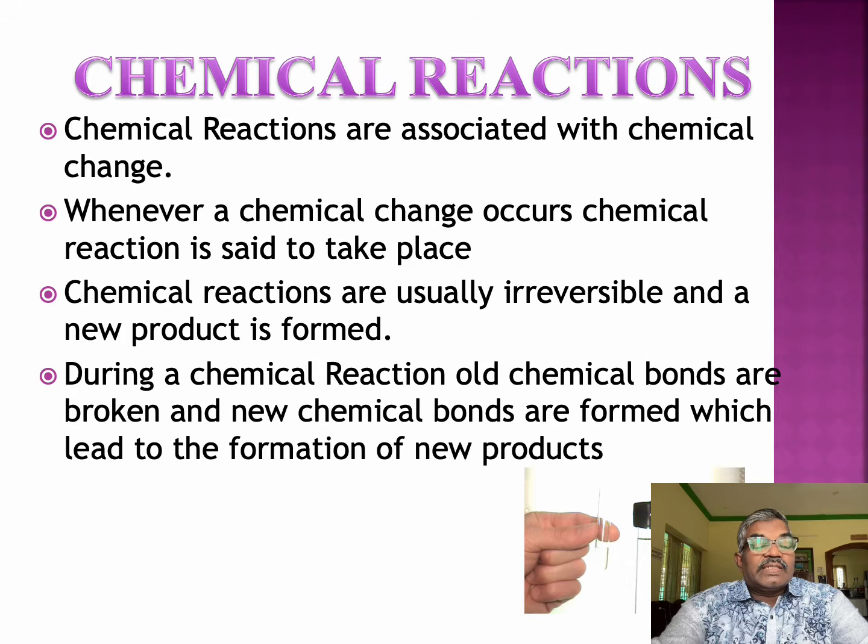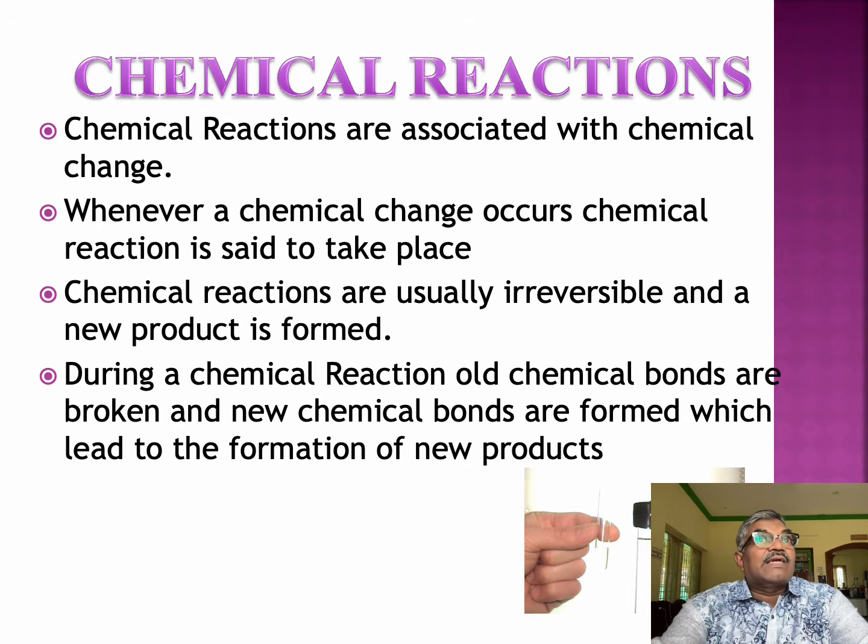Chemically, you can say that during a chemical reaction, all the chemical compounds are made up of chemical bonds. You have learned in the ninth standard science what a chemical bond is: the attraction between the atoms of the molecules. That is a chemical bond. So, during a chemical reaction, old chemical bonds are broken and new chemical bonds are formed.